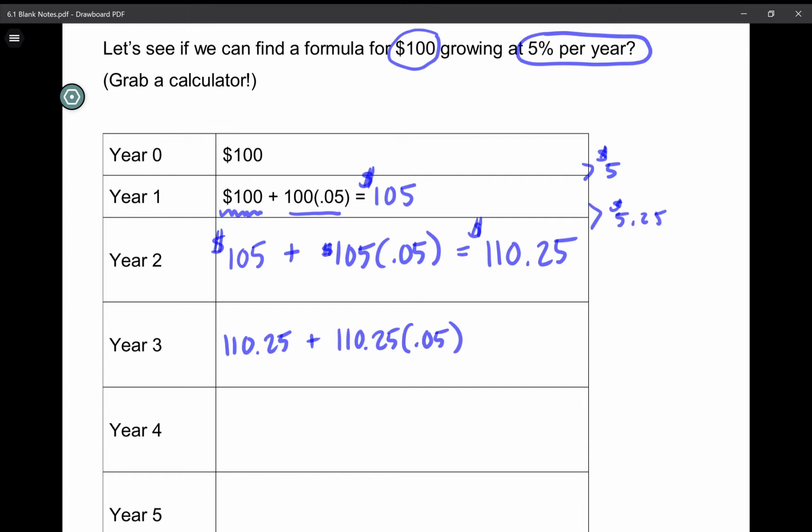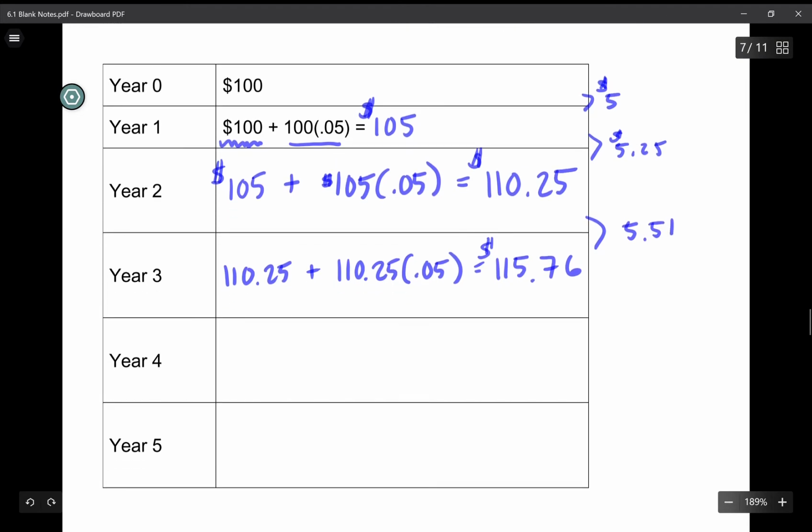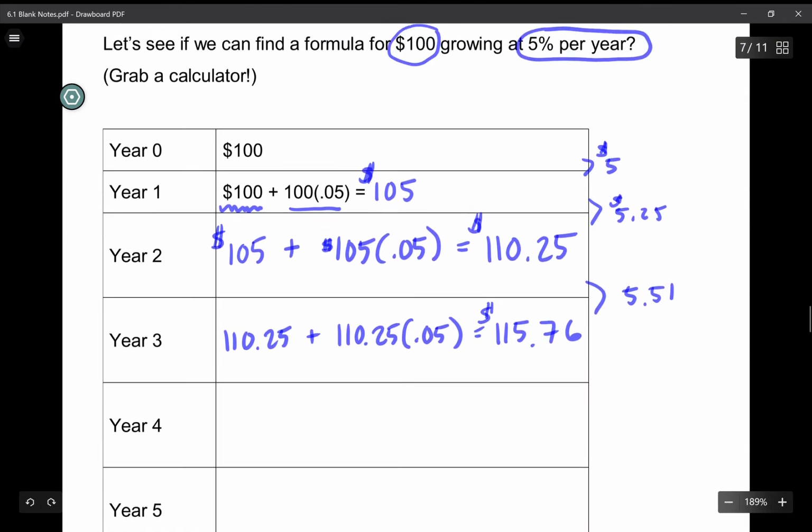I'm adding that to $110.25, which was my last year's amount, and I get $115.76. So this year I gained $5.76. Or no, $5.51. All right, pause the video and see if you can fill the rest of this table out.